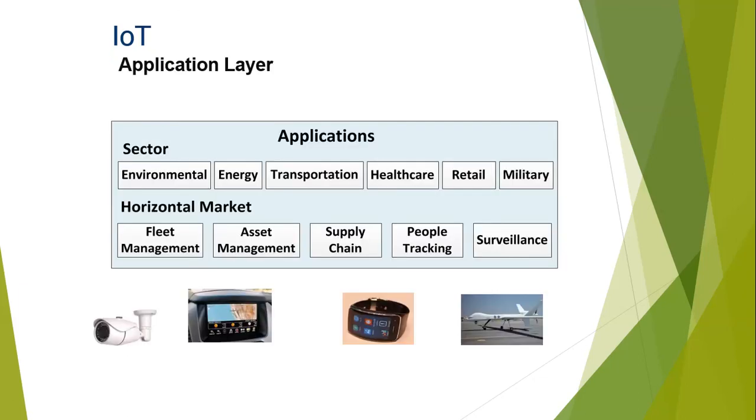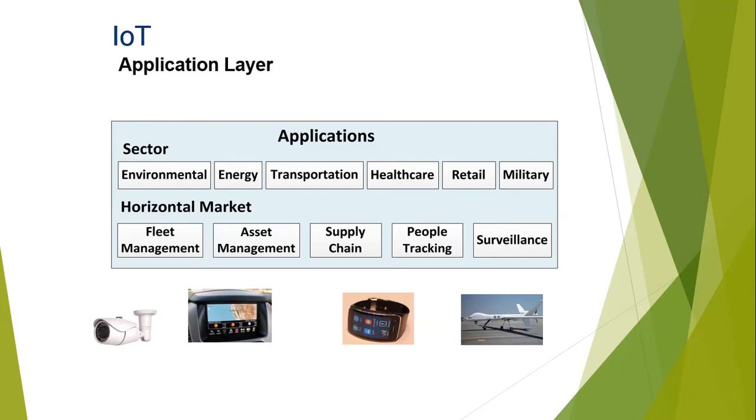Now we reach layer 4, the application layer. In the application layer, first we look at the horizontal market: fleet management, asset management, supply chain, people tracking, surveillance. What are the sectors that use this overall domain for the application?